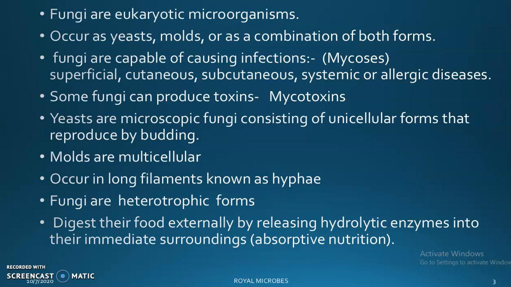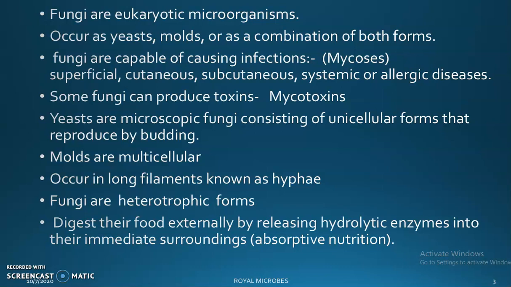Coming to some important characteristics of fungi, we have already heard about these characteristics. Fungi are eukaryotic organisms, existing as yeasts, molds or dimorphic forms. They are capable of causing various infections, and some can act as parasites. These fungi mainly cause infections in human beings and animals, and the infections caused by fungi are collectively called mycosis.